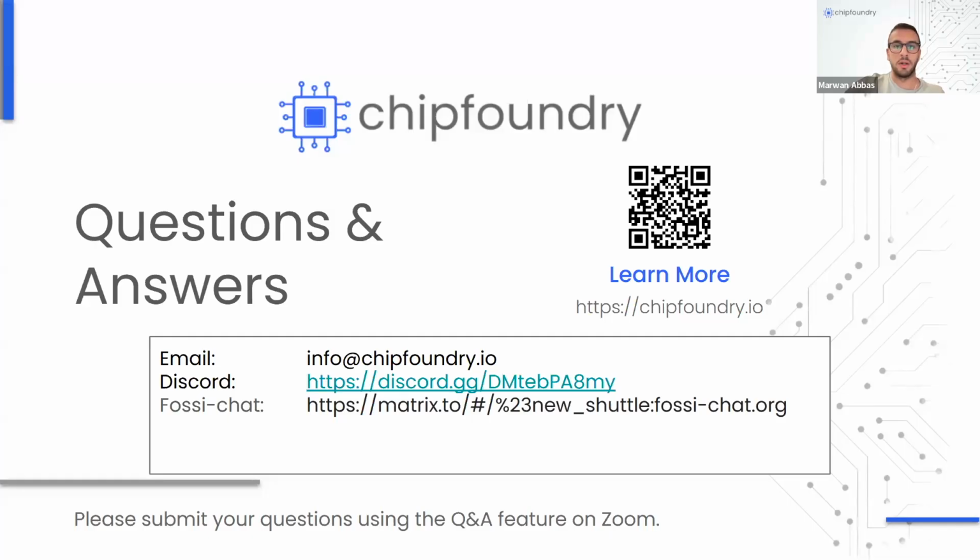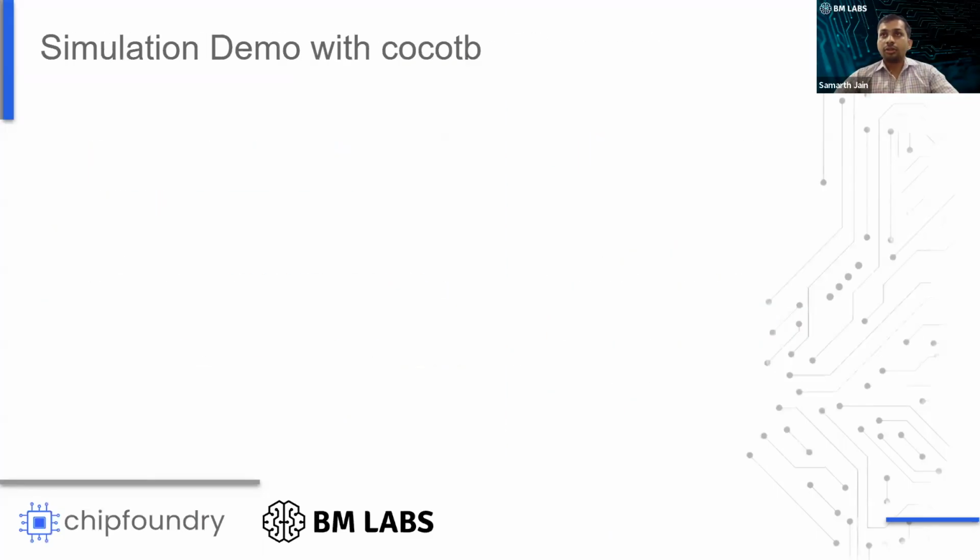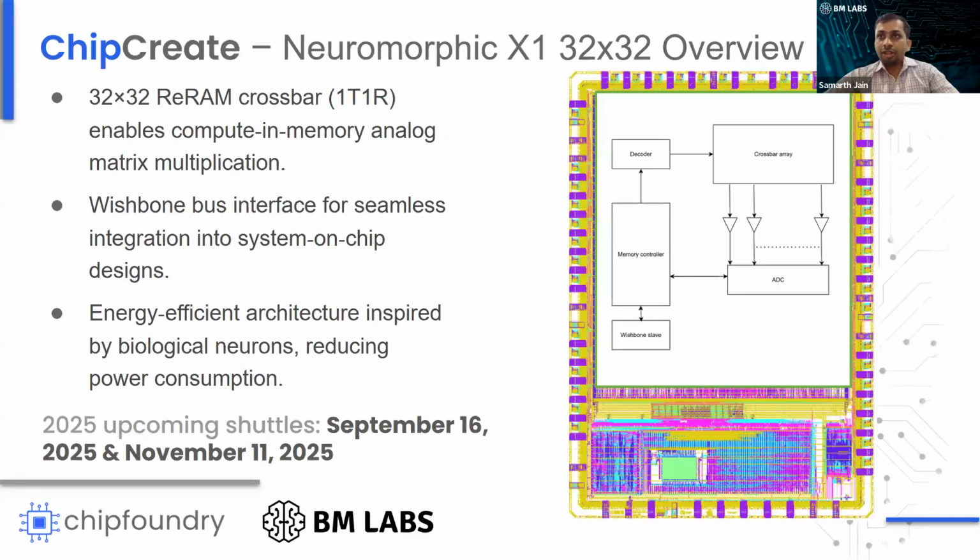Good. There's some confusion about how it can handle multiple bits at the interface if it's binary. So the question is, do you allow direct visibility to the ReRAM array without going through the Wishbone bus? No. As you saw in our slide, the only interface for the user is the Wishbone bus, which is connected to the management SoC.